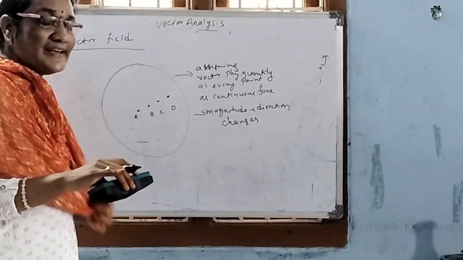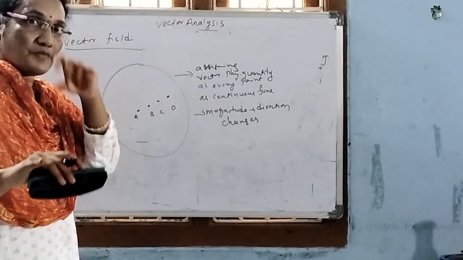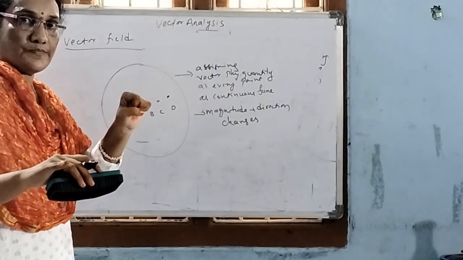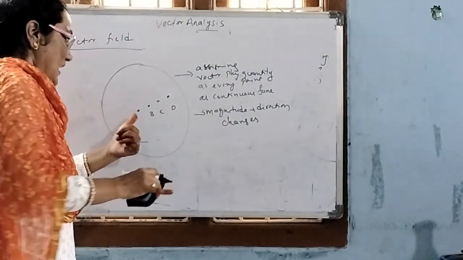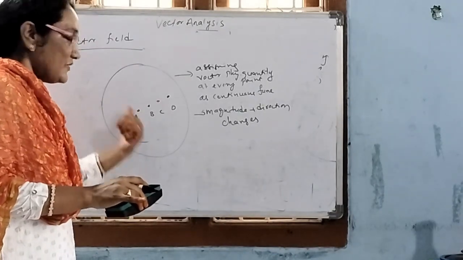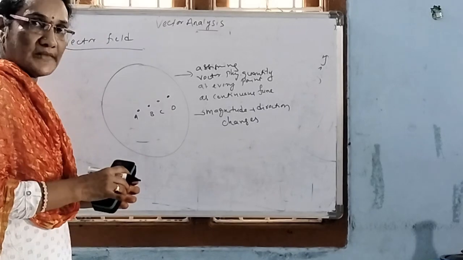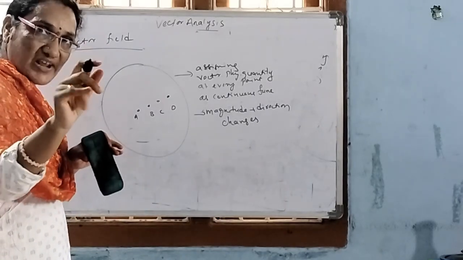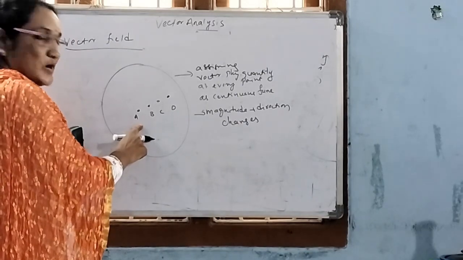Now we are talking about magnitude and direction, so we have to explain that also. Before that, the vector quantity is moving from one point to another point in such a way. Now let us trace the path of this vector physical quantity.